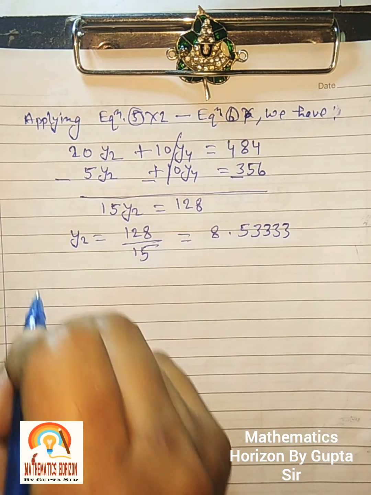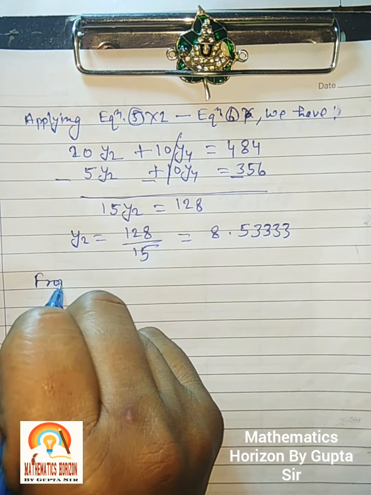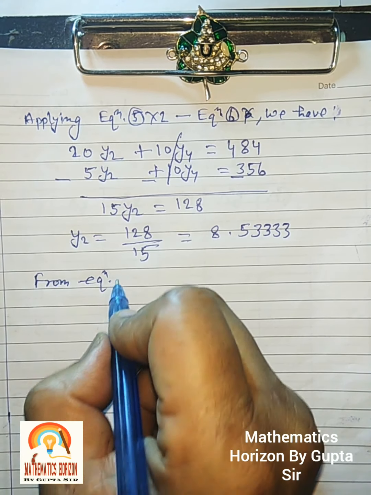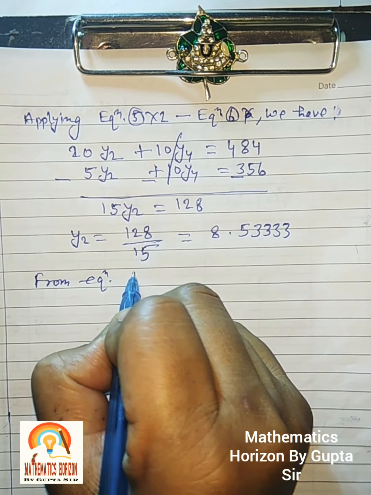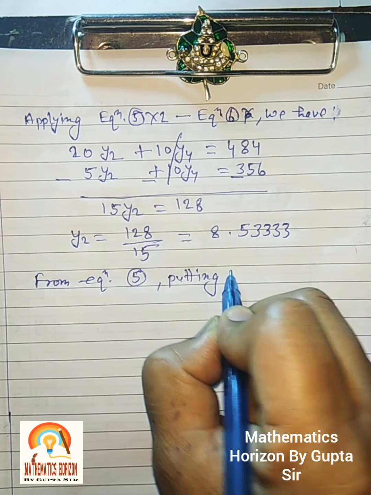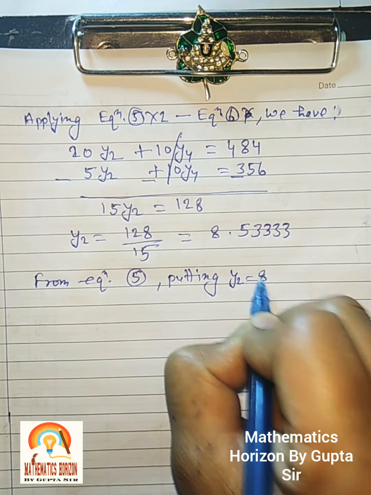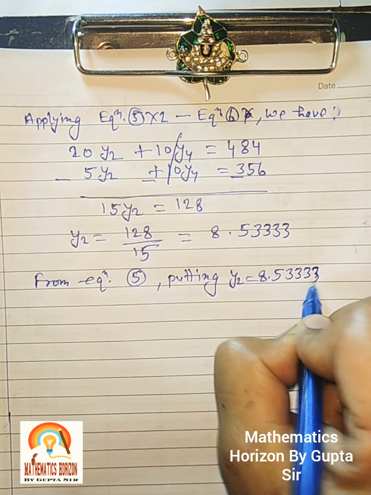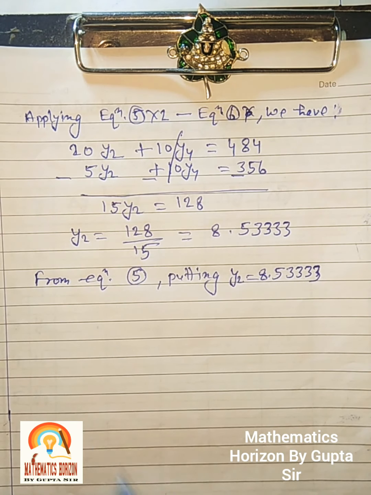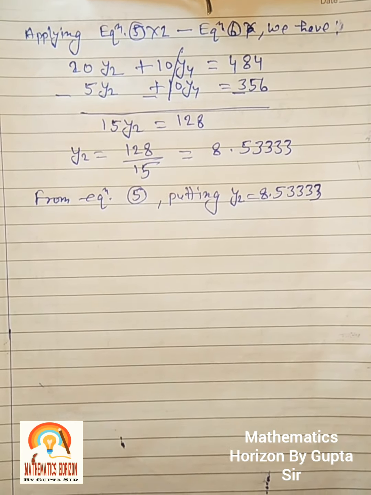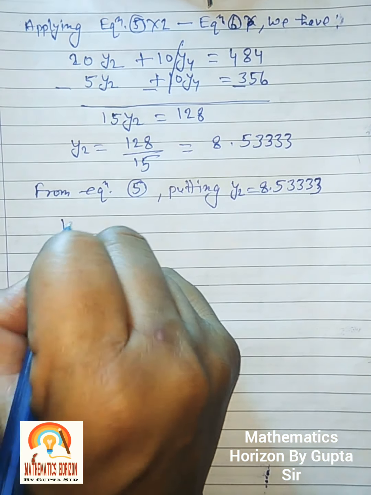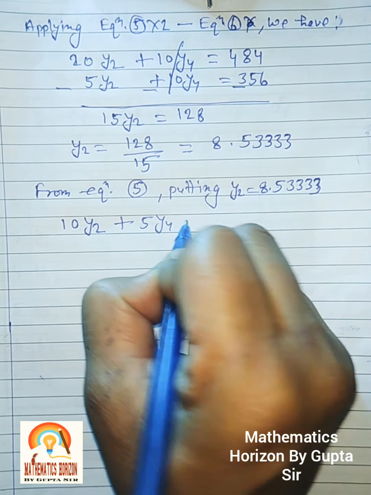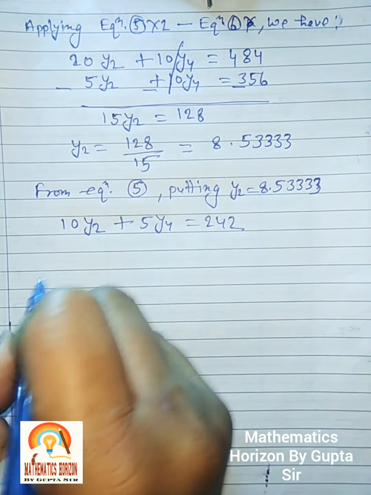Now from equation 5, y2 equal to 8.5333. What is equation number 5? Here equation number 5 is 10y2 plus 5y4 is equal to 242.